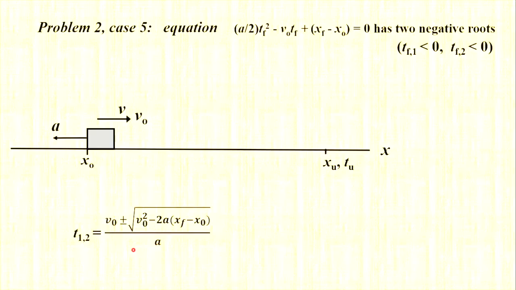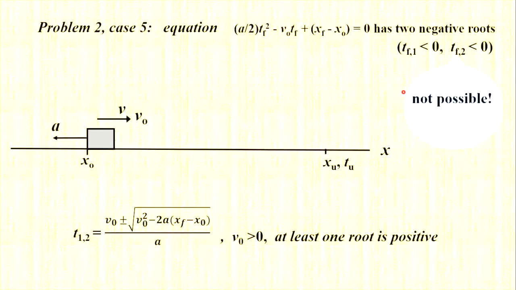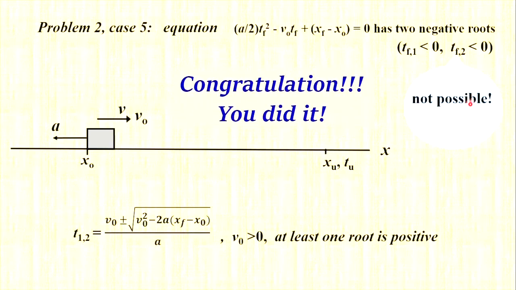It means that at least one root of this equation is positive for this situation when v0 is positive. And finally, we came to the conclusion that this equation cannot have two negative roots. With this, we completed consideration of one-dimensional motion with constant acceleration.